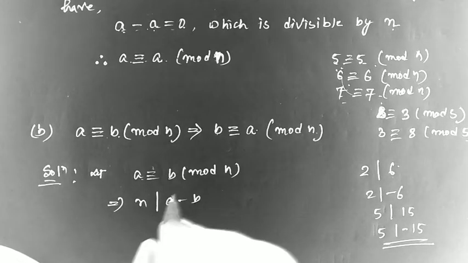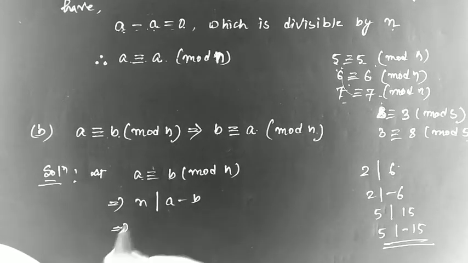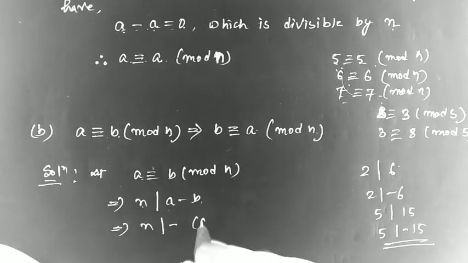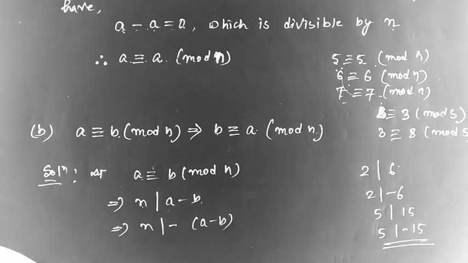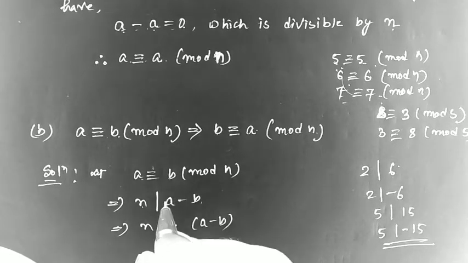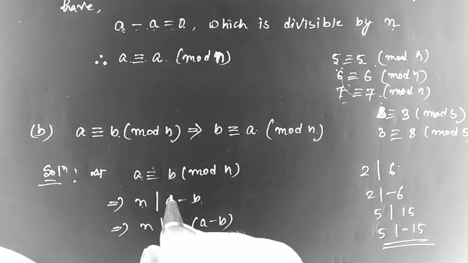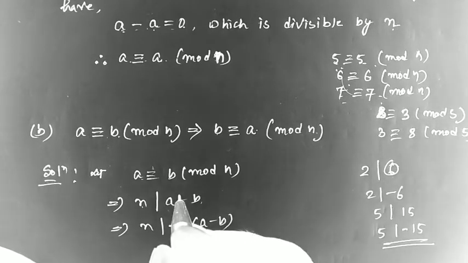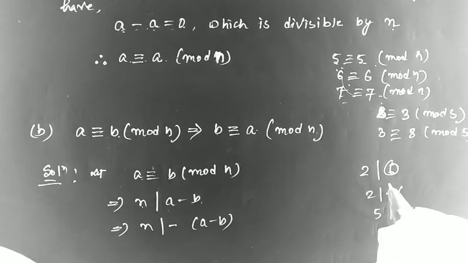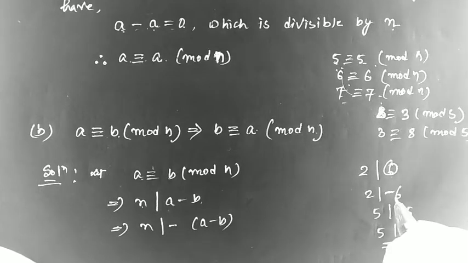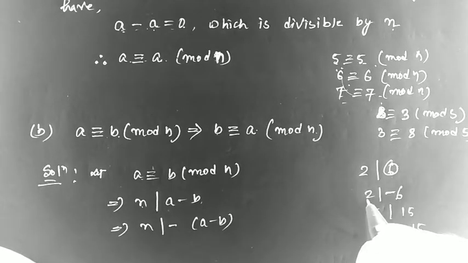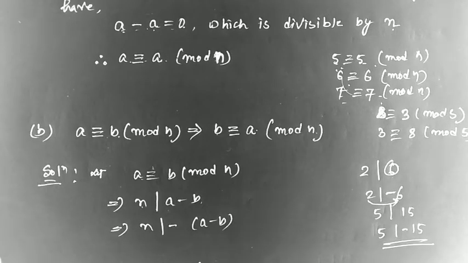No? So from this concept, if n divides a minus b, then n divides minus of a minus b. If you consider this as a single number, like 6, and we give a negative in front of it, then 2 also divides that negative number.